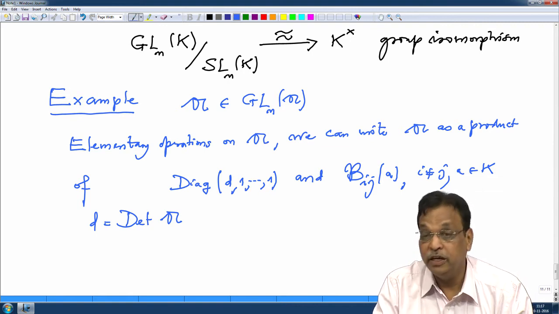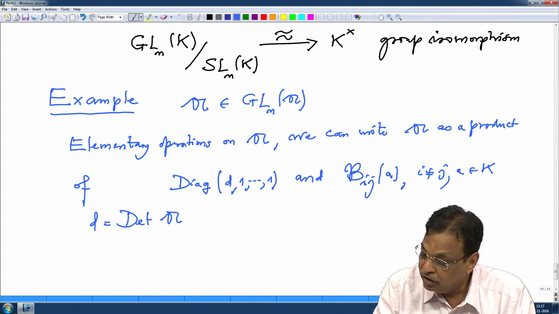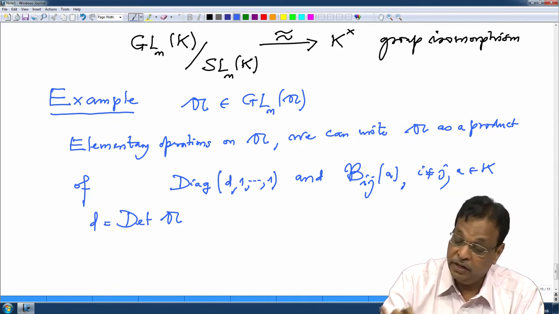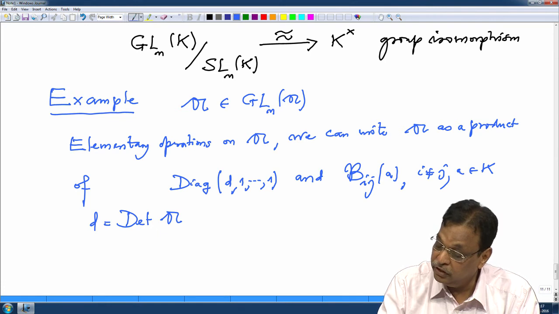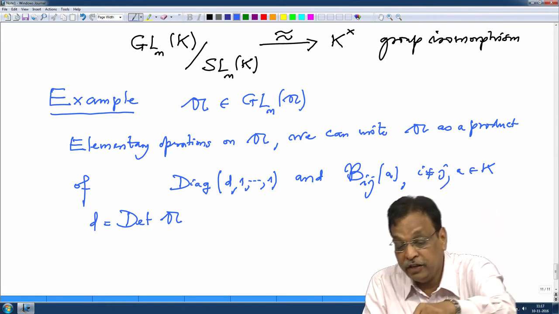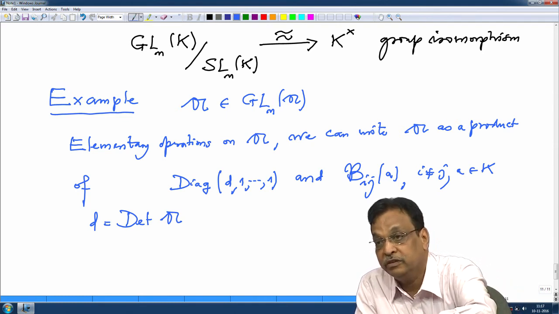It is finitely generated, in particular; not finitely generated, these matrices are not finitely many in number unless the field is finite. If K is finite, then they are actually finitely many and you know the generators very specifically. And SLNK is also generated, now you do not need this. So SLNK is generated by these elementary matrices.